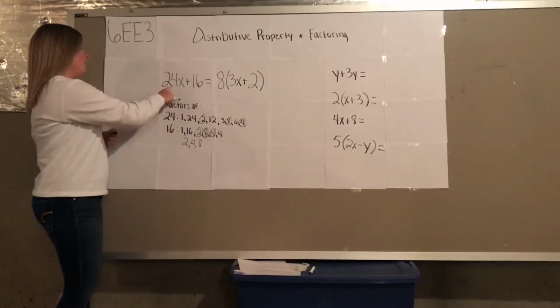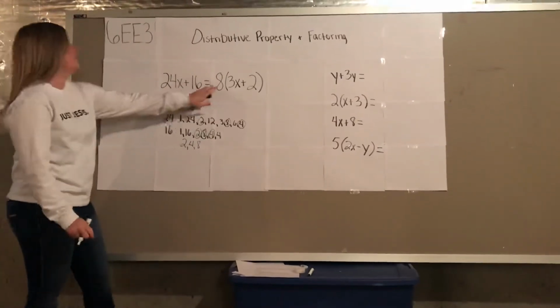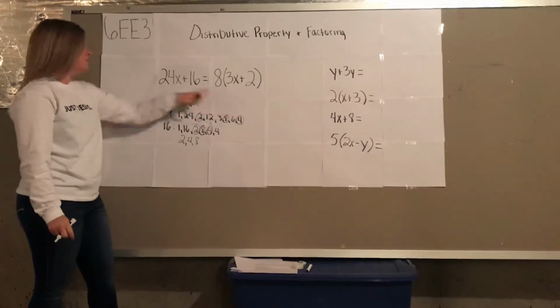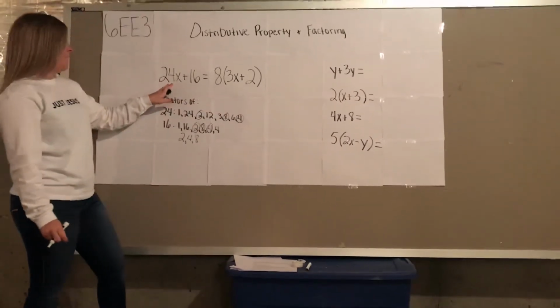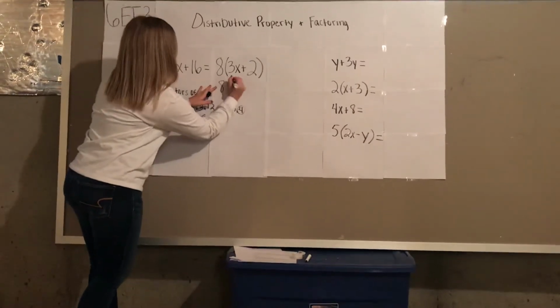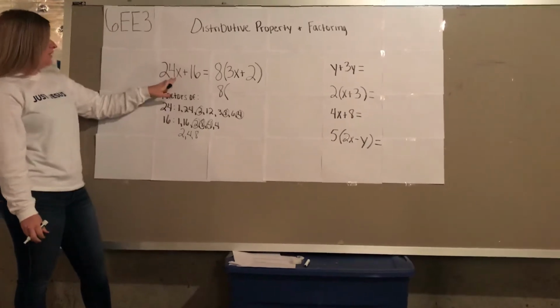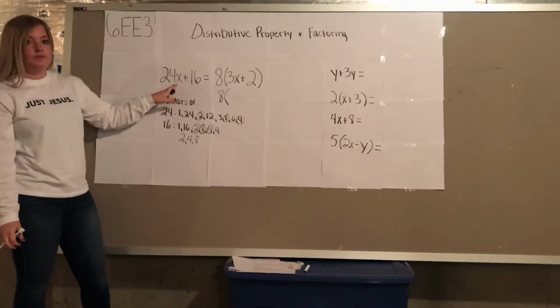So if we're going from 24 and 16, we're going to keep the x on the inside of the parentheses. So if we're taking 8 out of 24, the 8 goes on the outside of the parentheses. And then we're going to figure out 8 times what equals 24x.